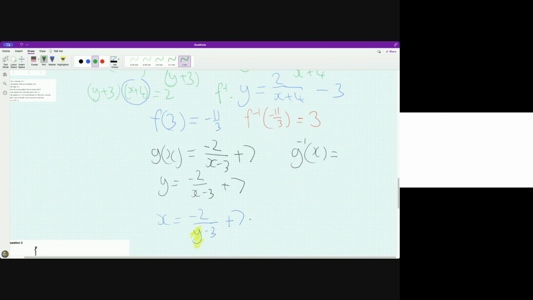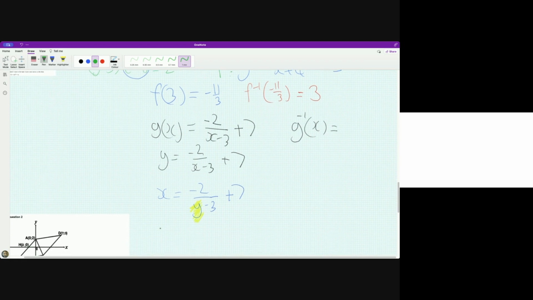Okay, let's see what we can do here. So we're going to go x minus 7 is minus 2 over y minus 3. Then I'm just moving the working out up here. So y minus 3 times x minus 7 equals minus 2. Then I'm going to get y minus 3 is minus 2 over x minus 7.